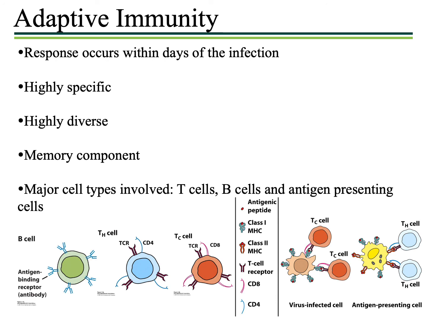With adaptive immunity, the major cell types involved are lymphocytes, particularly B cells and T cells, but also antigen-presenting cells are very important in this mechanism. In comparison, in the innate immune response, we know that phagocytes were the number one category of cell that play a role, including neutrophils and macrophages being the top two phagocytes involved.